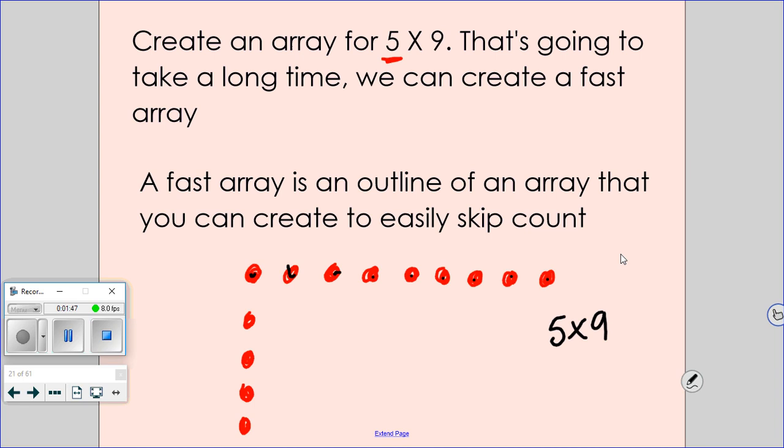Dorian, what's up? I think that the circles and dots are like 5 times something.